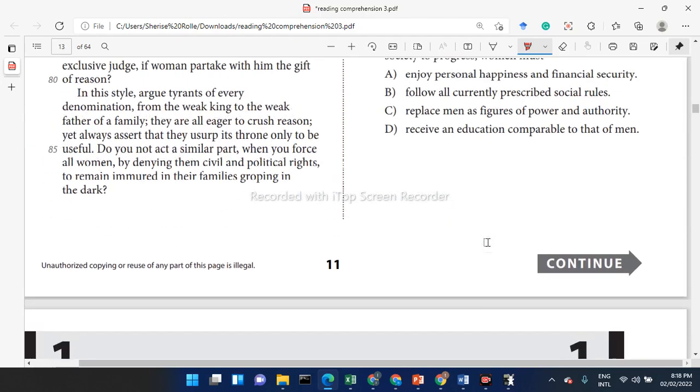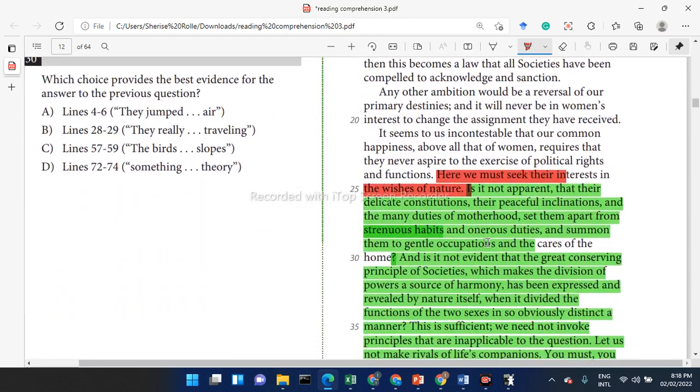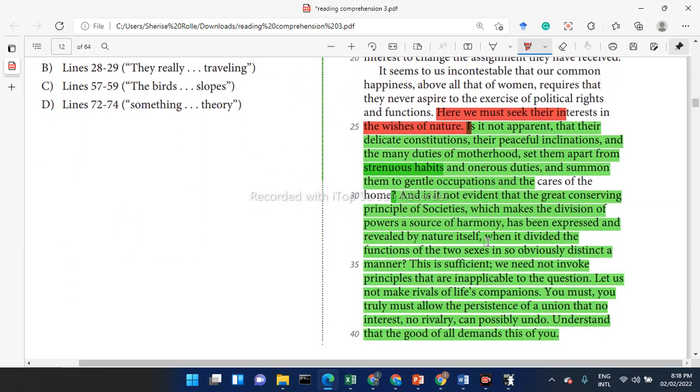Let's see what else he's saying. He's also saying, and is it not evident that the great conserving principle of societies, which makes the division of the powers a source of harmony, has been expressed and revealed by nature itself? So he's making the case again. He's saying nature is telling us these things.